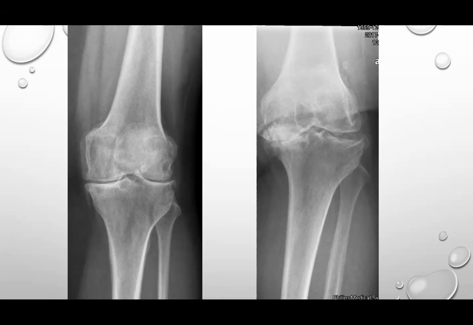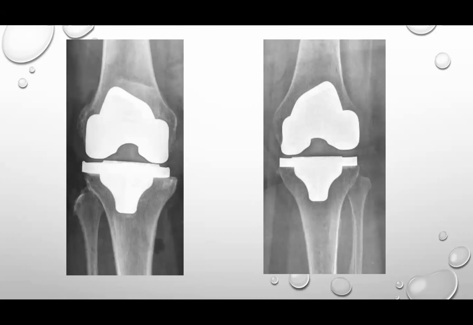Looking at the X-ray on the right side of the screen, there's so much bone loss and so much deformity, and it's quite a difficult knee to balance with a cruciate retaining knee. So you would keep in mind that you would prefer a posterior stabilized knee.